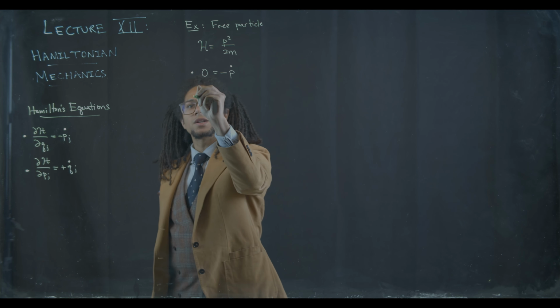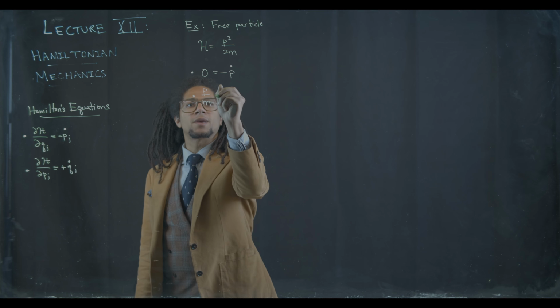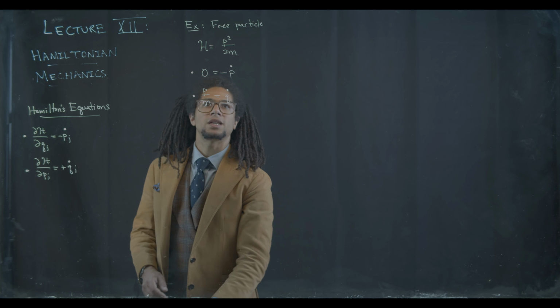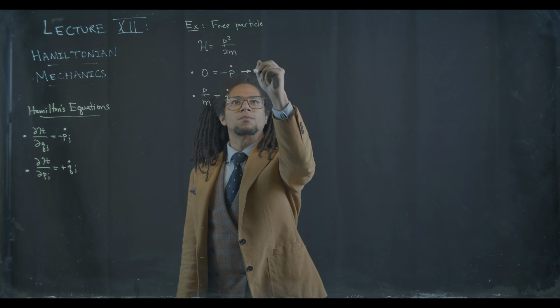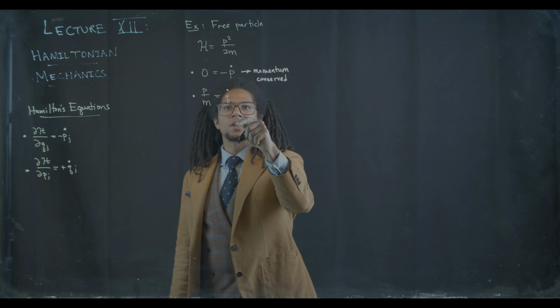And the second one tells us that the derivative of H with respect to p, which is in this case just p over m, is equal to q dot. Okay, what does this mean? This tells us that the momentum is not changing. And momentum being conserved is exactly what we expect when there are no forces on the system. So it makes sense because the particle is free.